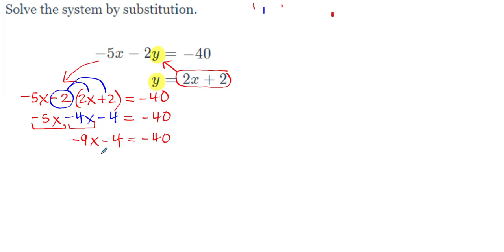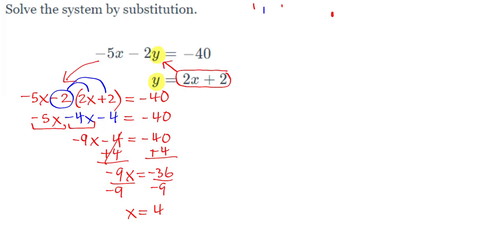Then we'll solve for x by adding 4 to each side. Those cancel, and it simplifies to negative 9x is equal to negative 36. After that, I'll divide by a negative 9 on each side, and I find out that x is equal to a positive 4.